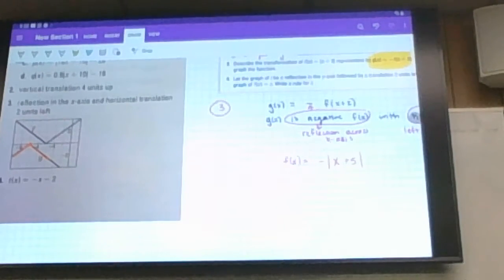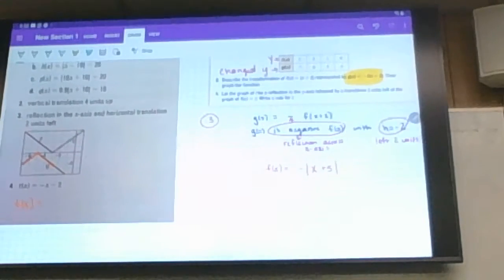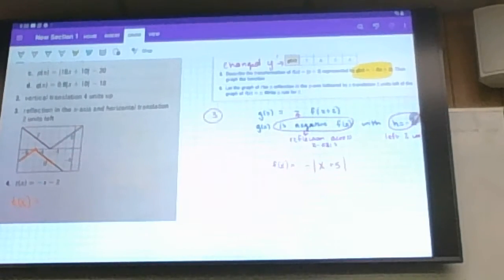Number 4, c of x would be negative. And then if you're going 2 units to the left, you would write it like this. This is full credit. So it's negative, and then 2 units to the left, you're supposed to put in parentheses with x.